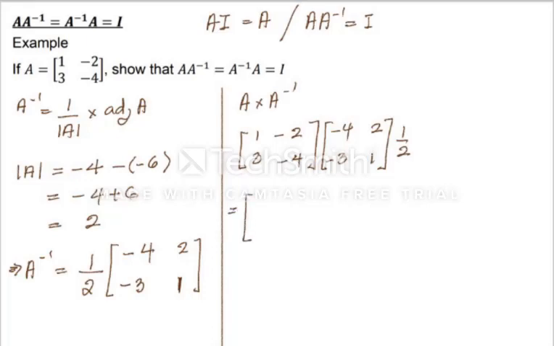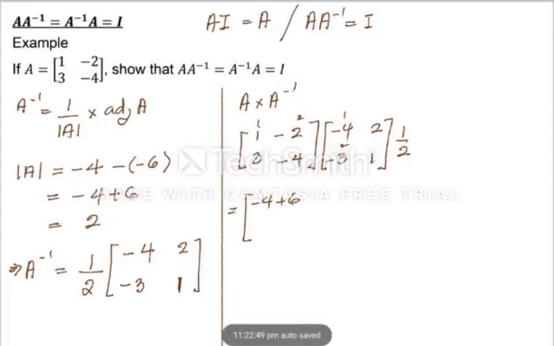Remember when you multiply two matrices, you multiply a row by a column. To multiply a row by a column, it's the first element in the row times the first element in the column, plus the second element in the row times the second element in the column. So 1 times minus 4 is minus 4. Minus 2 times minus 3 is positive 6.